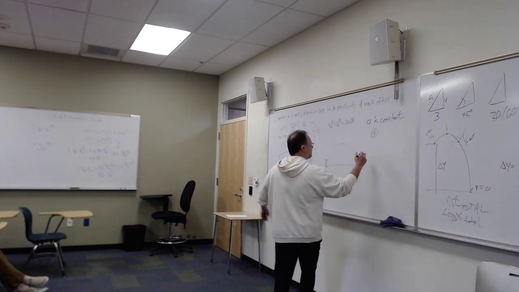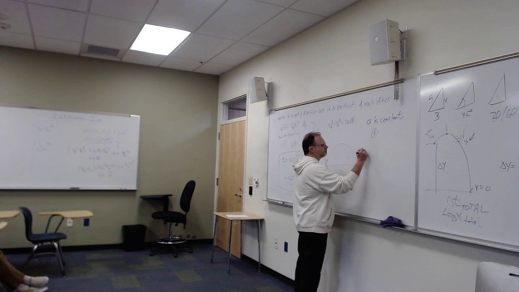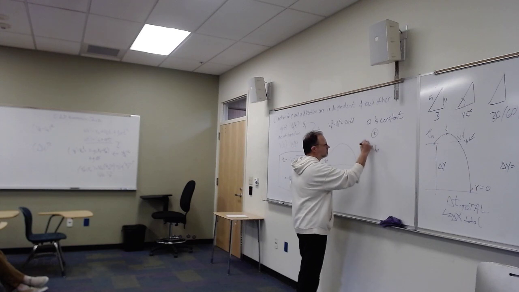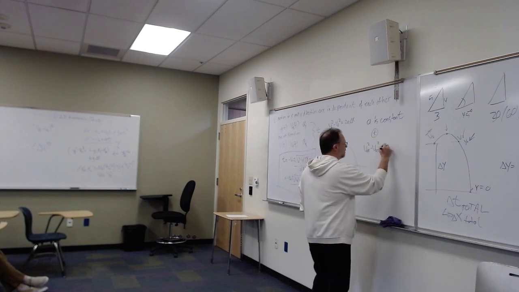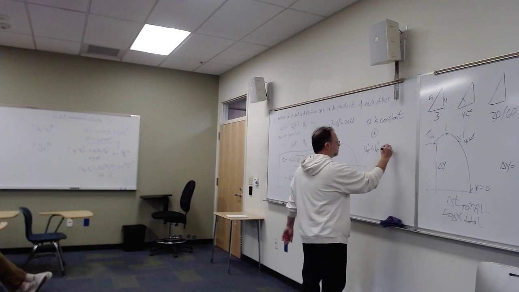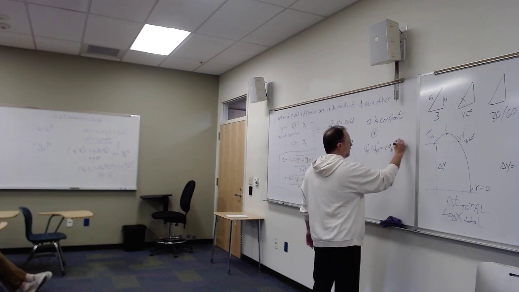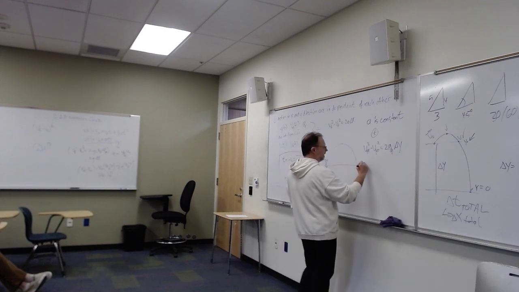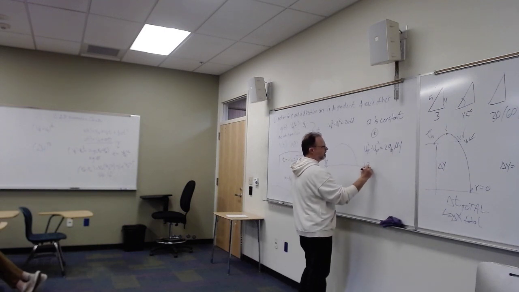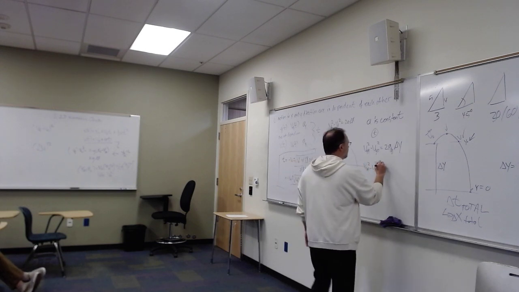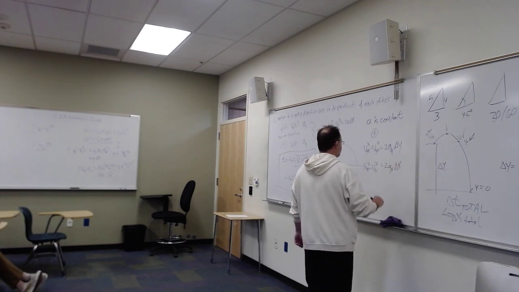You can have Vy final squared minus Vy initial squared is equal to 2ay delta y. And you can do Vx final squared minus Vx initial squared is equal to 2ax delta x.